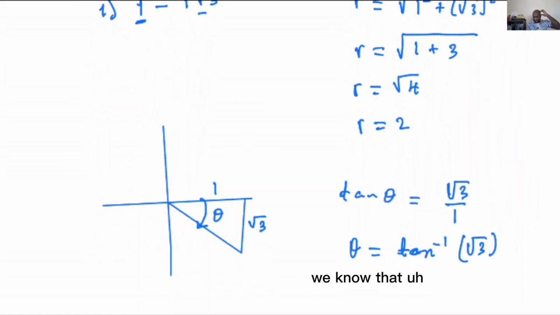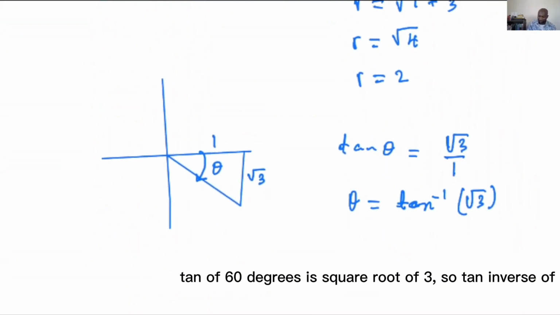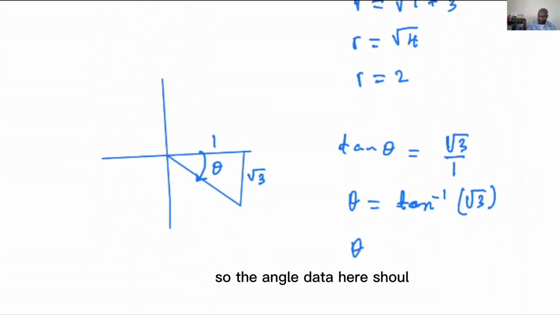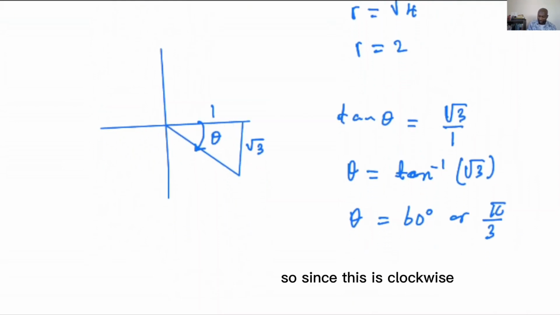We know that tan of 60 degrees is square root of 3, so the angle theta here should be 60 degrees or pi over 3. So since this is clockwise, the argument has to be negative. So this should be negative pi over 3.